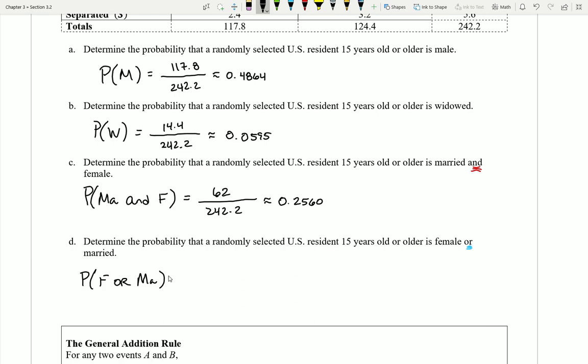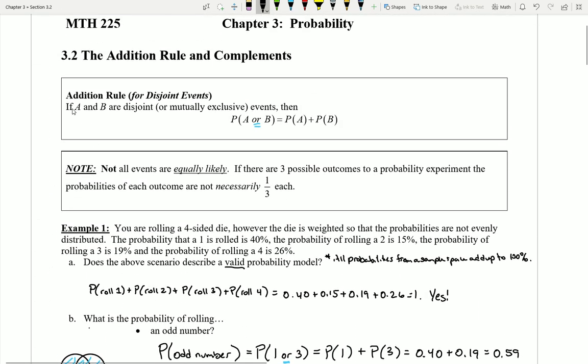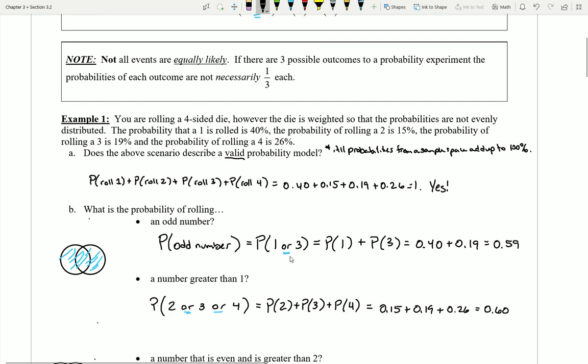Now, there's just one issue here. If I wanted to go back and use this addition rule that I had at the beginning, I have to note that this rule was only good for disjoint events. That is, I could only use it if A and B were not able to happen at the same time. Like here, it was impossible to roll a 1 and also a 3 at the same moment.